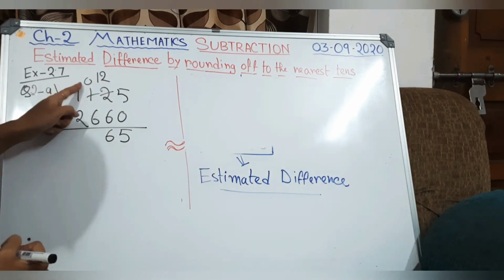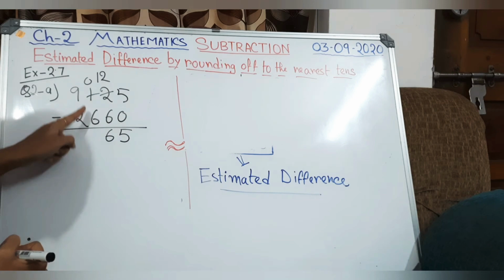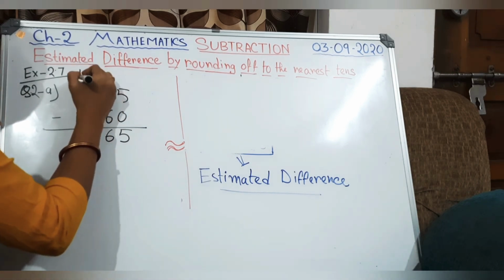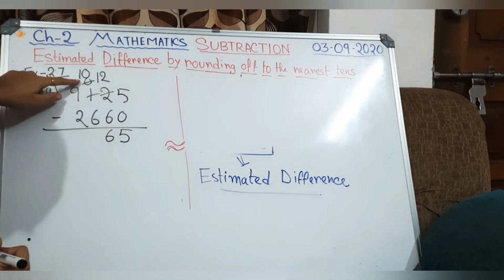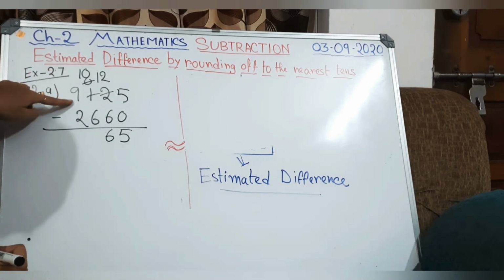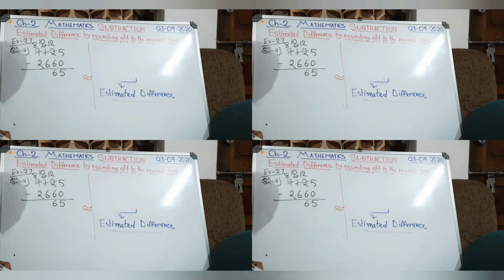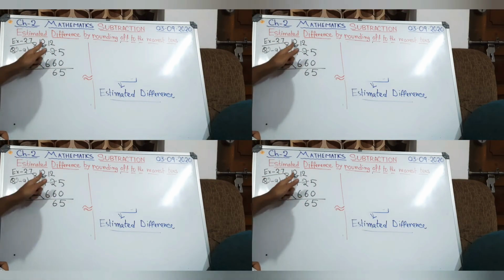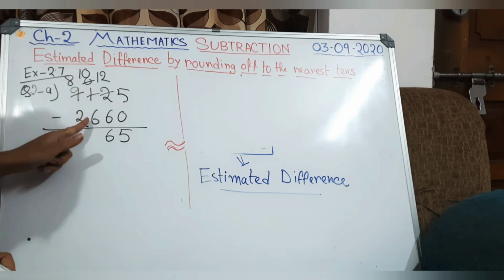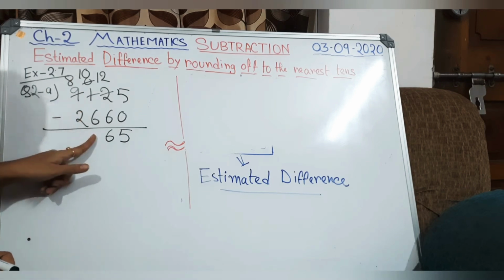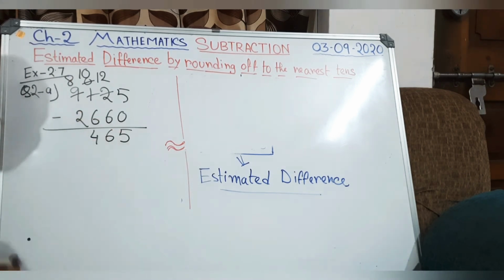Upper side it is 0 and downside it is 6. So 0 is a smaller number than 6. So cut the 0 and make it 10. From where are you borrowing this one? From this previous 9. So cut the 9 and write down 8. Now come to your hundreds place. From 10 you need to subtract this 6. What will come here? 4.